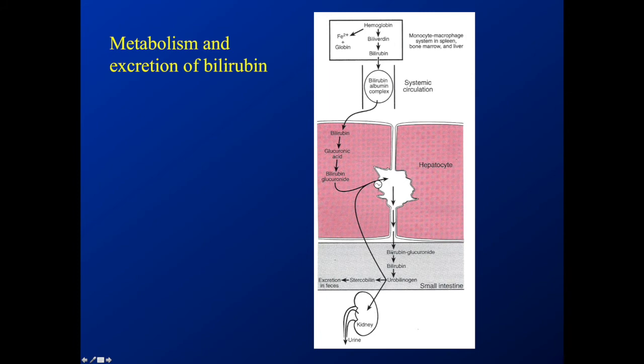It forms either urobilinogen and is secreted out through the urine, and this gives urine its characteristic yellow color, or it forms stercobilin, and then this is excreted out in the feces, and the color of the feces is predominantly due to the presence of stercobilin.